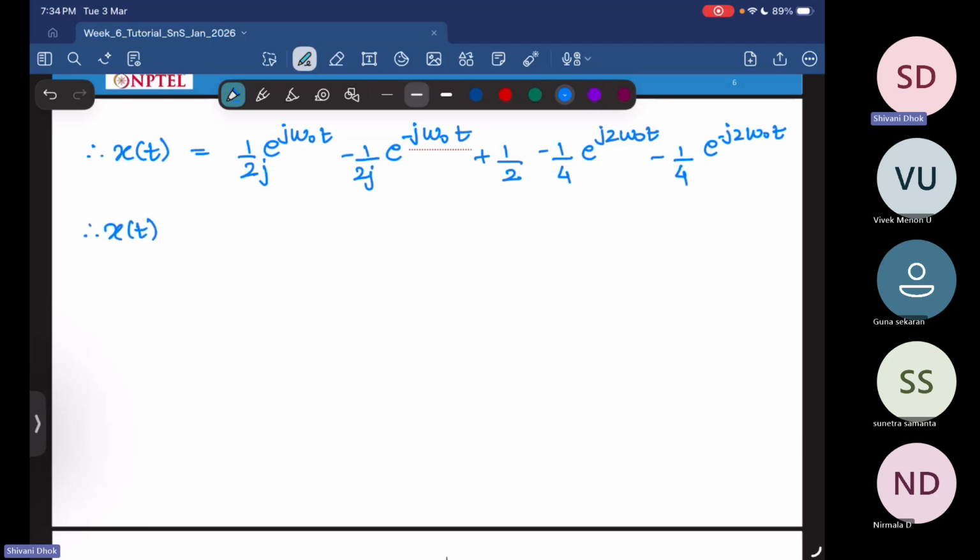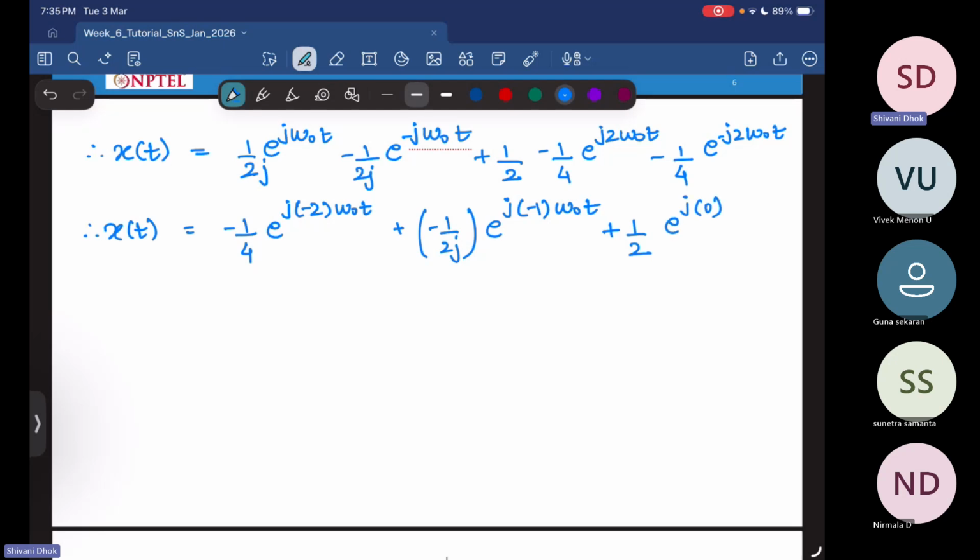So I'll have x of t as minus 1 by 4 into e power j minus 2 omega naught t. Then I'll have plus minus 1 by 2j into e power j minus 1 omega naught t plus half into e power j 0 into omega naught t.